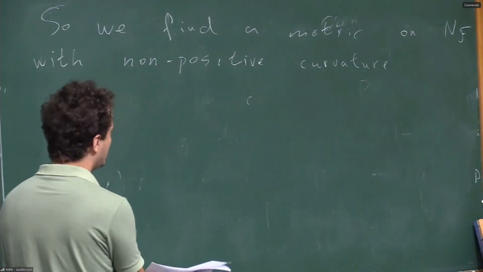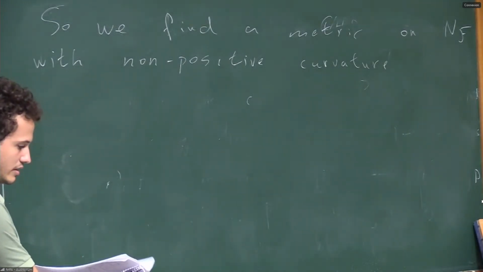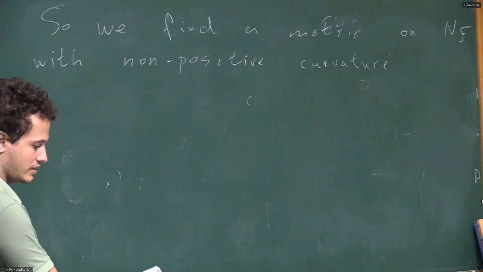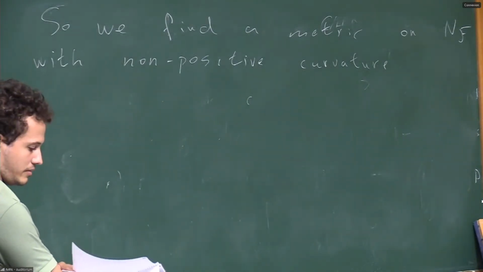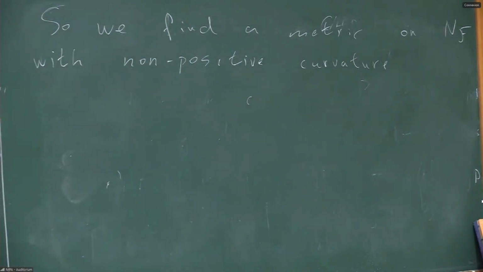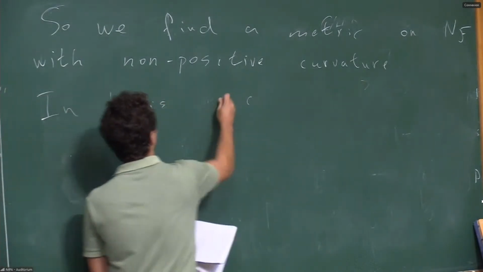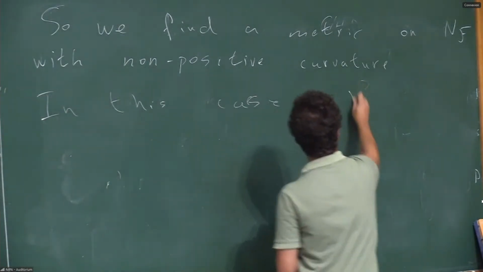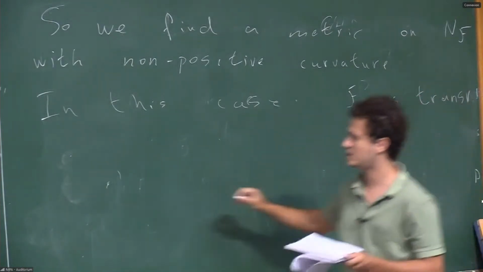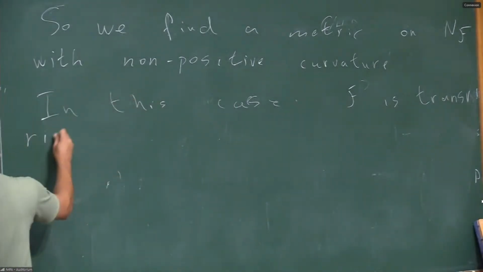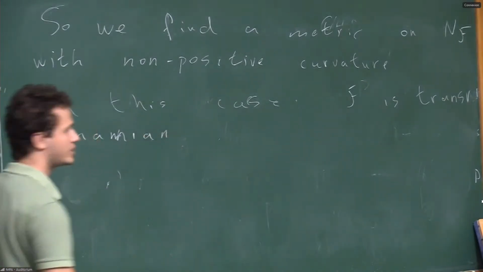So in this case of a Riemannian metric, we can conclude that F is transversely Riemannian.